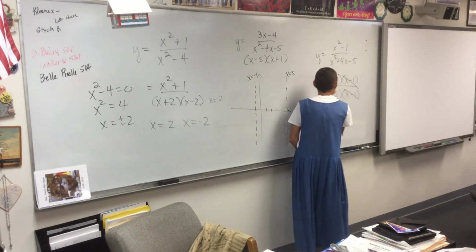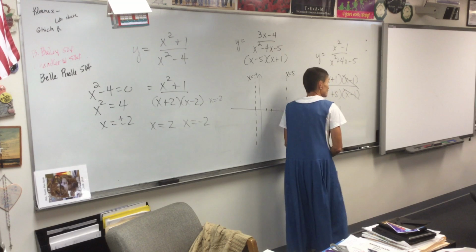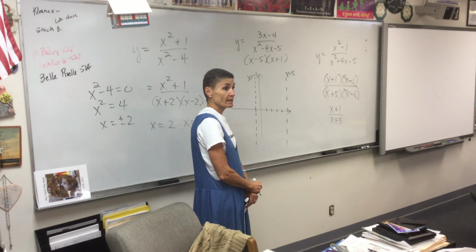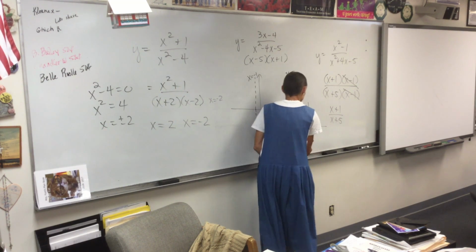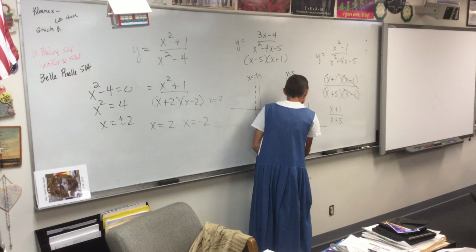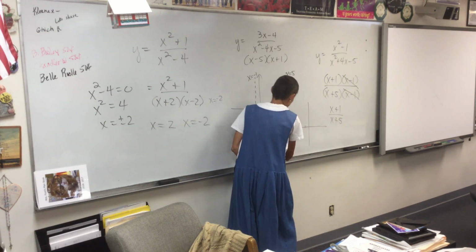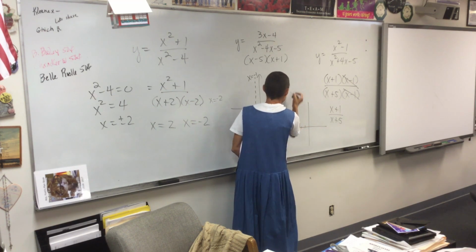Now, I thought there might be 2 vertical asymptotes, but it turned out there is only 1. So I am going to erase this guy because he's in the way. I'm going to put a vertical asymptote at -5.